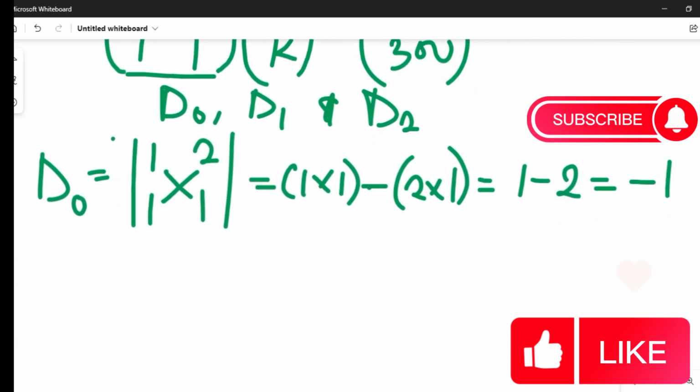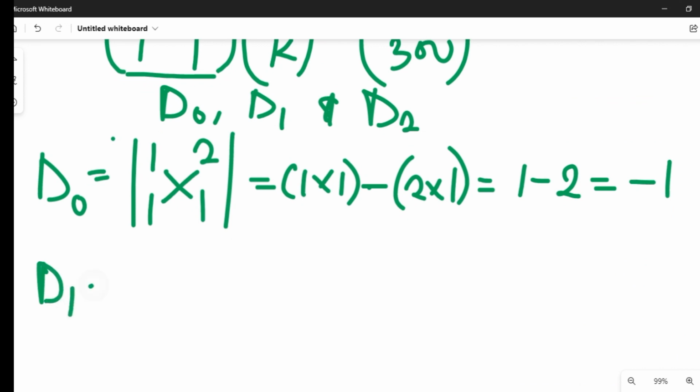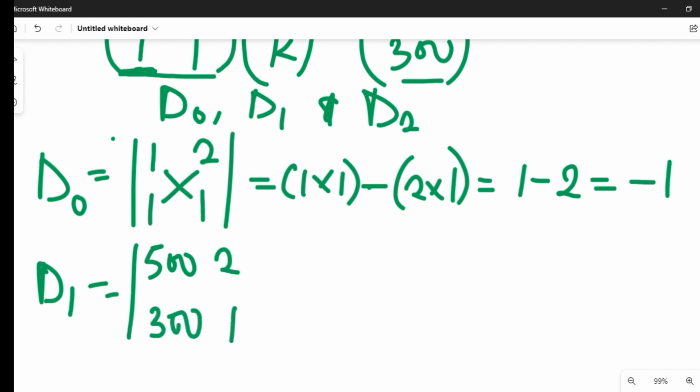To get our D1 value, we are going to replace one of these values here with the constant values. So that will give us 500, right? 502, right? And then we'll have 300 and 1. That will be the value for D1.